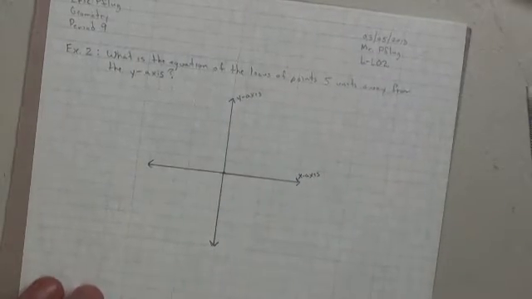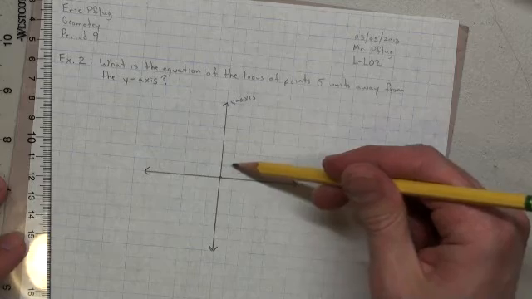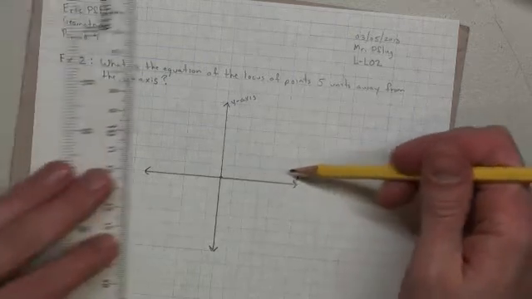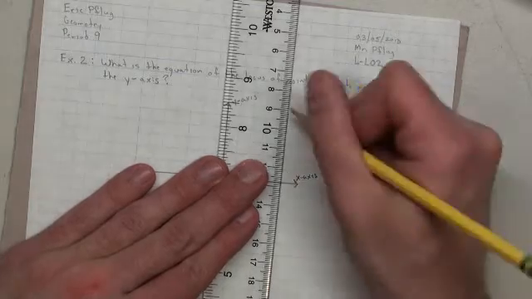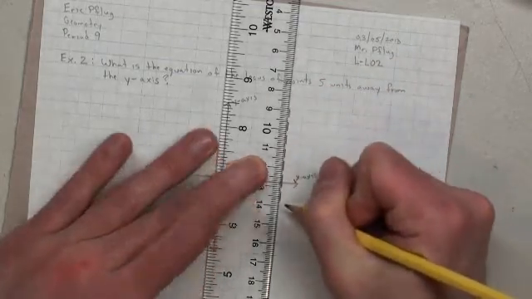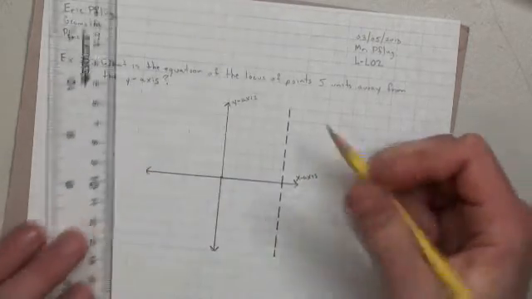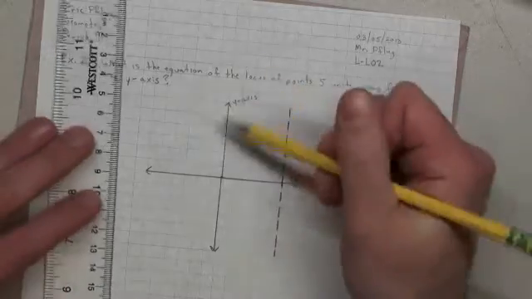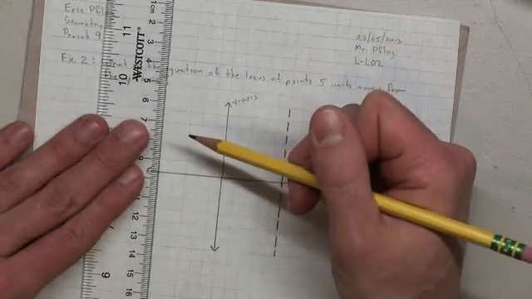So, what is the equation of the locus of points 5 units away from the y-axis? Well, here's my y-axis. It's a line. So 5 units away would go 5 to the right. 1, 2, 3, 4, 5. And there would be a line there, right? Because all the points on this line are 5 units from the y-axis, but I can also go to the left. 1, 2, 3, 4, 5.